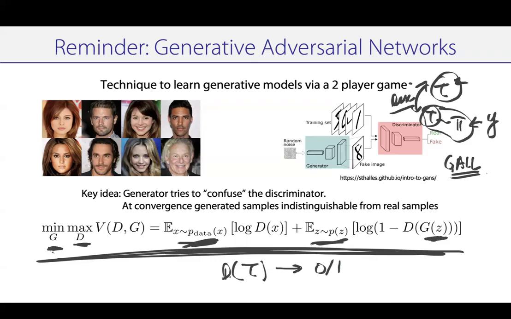And your generator is trying to do RL with log discriminator as its reward. The discriminator is trying to figure out which things were from your expert and which from your non-expert. Your generator is trying to maximize the log likelihood of your discriminator. At convergence, it's going to be indistinguishable between the expert and your current policy.